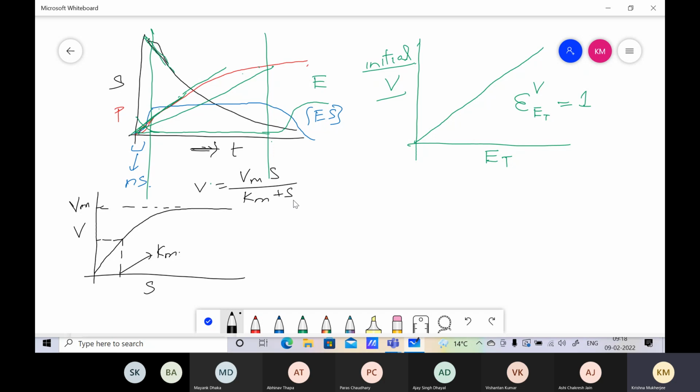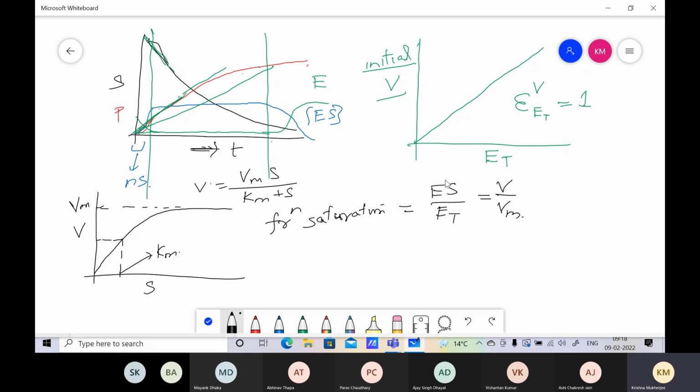And of course, the fractional saturation, now we go back to fractional saturation instead of Briggs-Haldane, is given by, what was the fractional saturation? ES by ET, which interestingly, as you rightly said, is also equal to V by Vmax, isn't it?